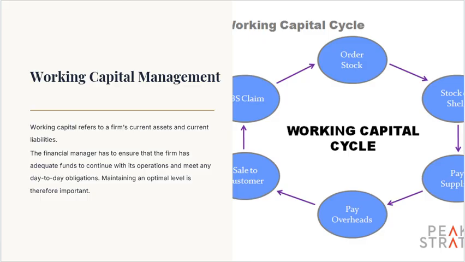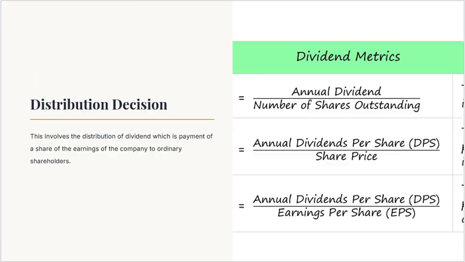If you cannot pay utilities, at one point the utility providers, for example the power providers, will be unable to supply. You'll be cut off. And that is the reason why management of working capital is central to an organization. And that is one of the key concerns of financial management.